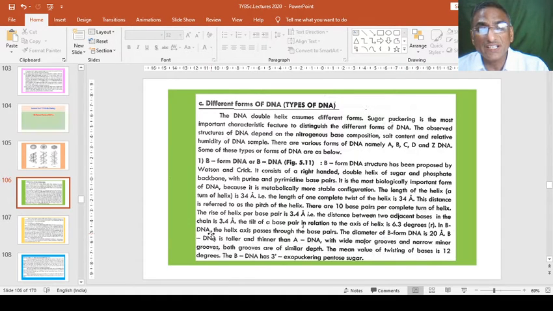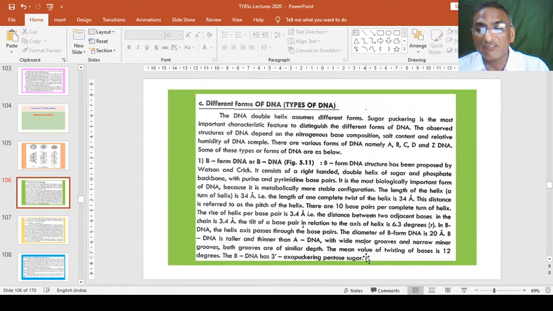In bDNA, the helix axis passes through the base pairs. The diameter of B form DNA is 20 angstrom. The bDNA is taller and thinner than aDNA, with wide major grooves and narrow minor grooves, and both grooves are of similar depth.